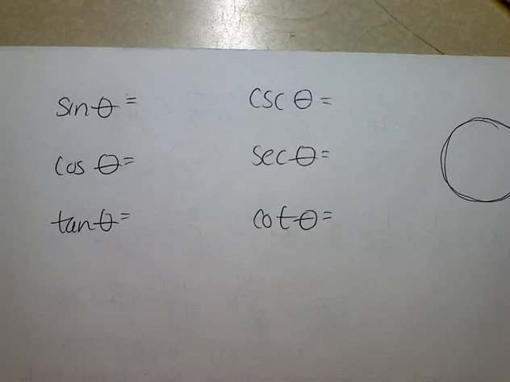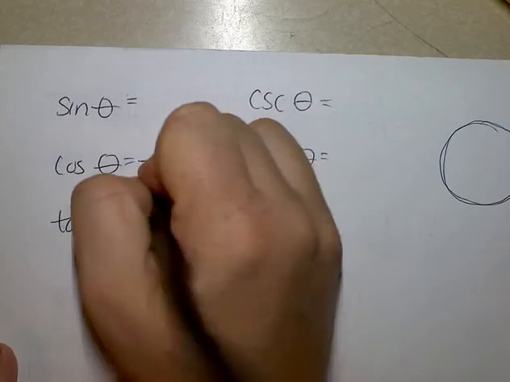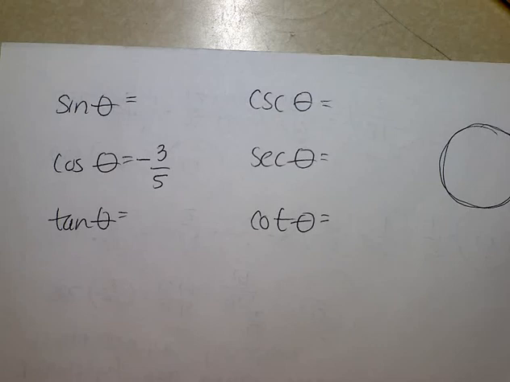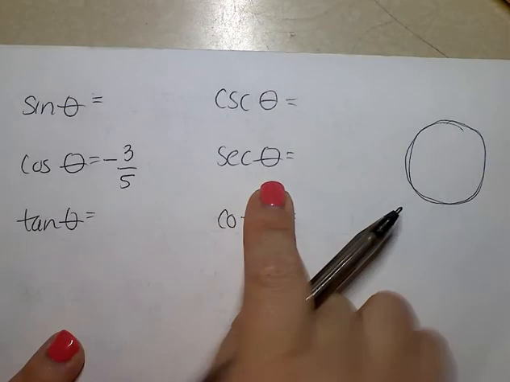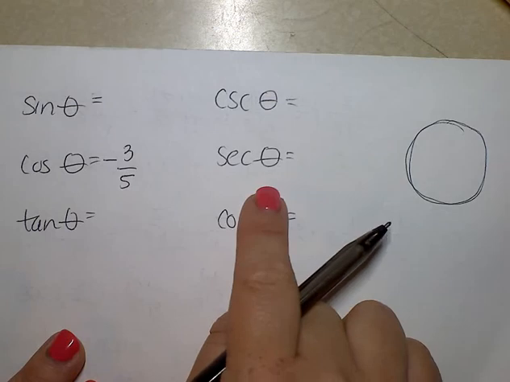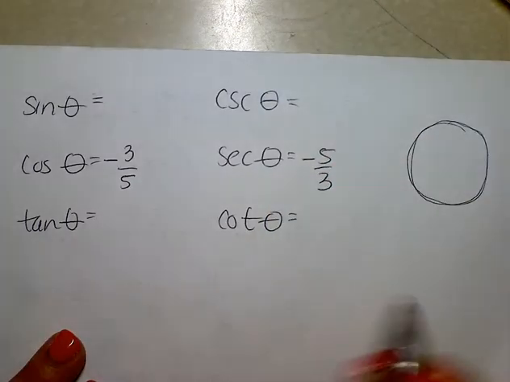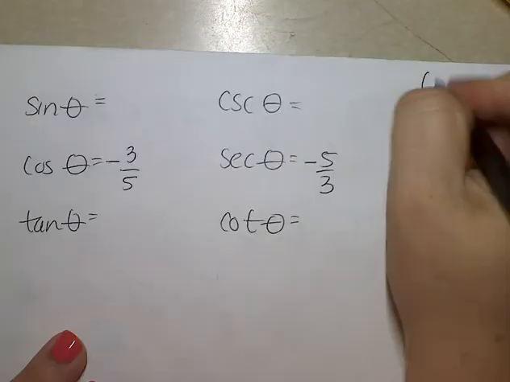This time, you're told that your cosine is negative 3/5. So the secant, by the way, is really easy. What is the secant? Negative 5/3.